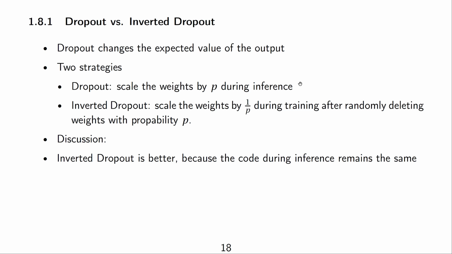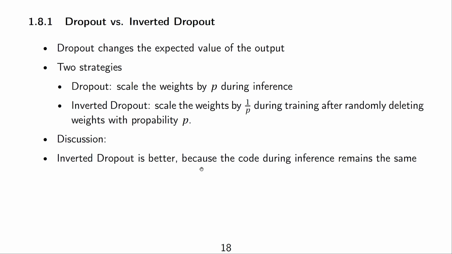All right, so with regular dropout, we would scale the weights by P during inference, and with inverted dropout we scale by 1 divided by P during training. Even though it's maybe a small additional cost, just multiplying by some value P during inference might be an additional cost you don't want to have.